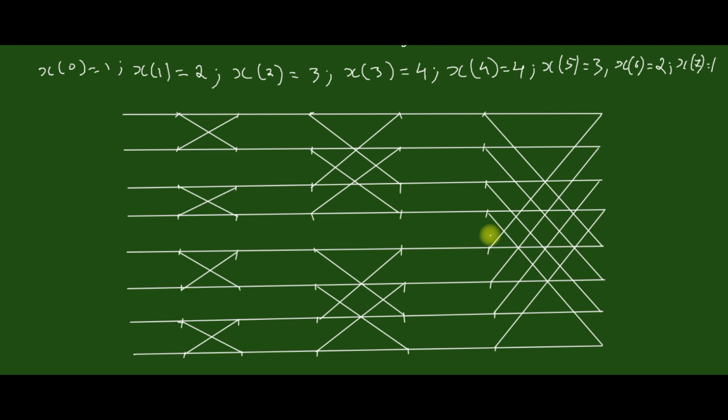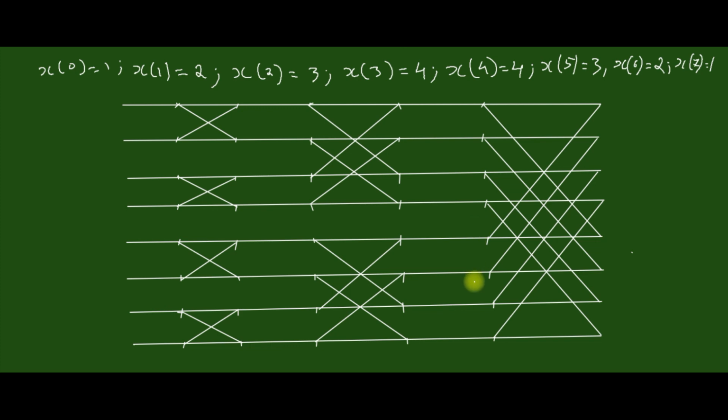So the input of the last stage, twiddle factors at the input side of the last stage, that is W8 raised to 0, W8 raised to 1, W8 raised to 2, W8 raised to 3. Then corresponding to the twiddle factors we can give -1, -1.